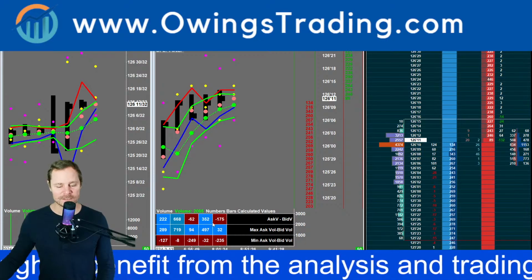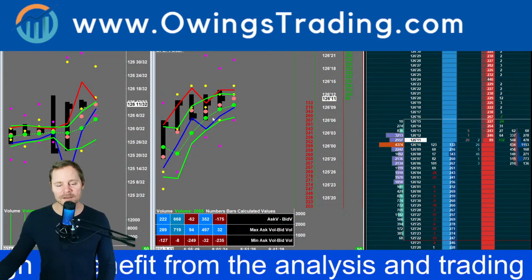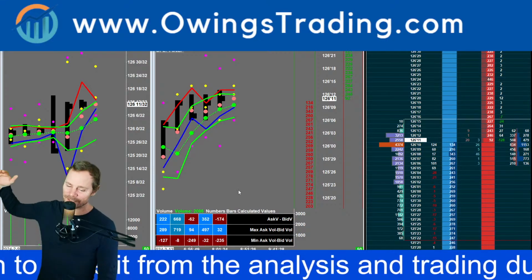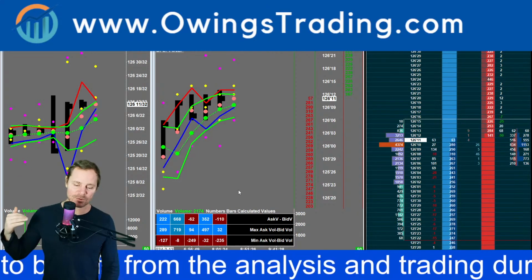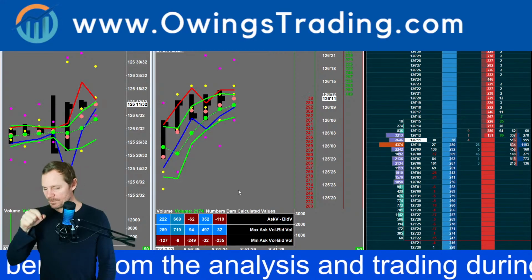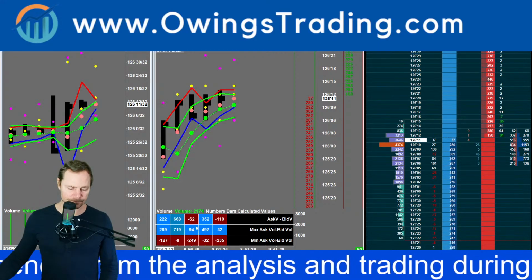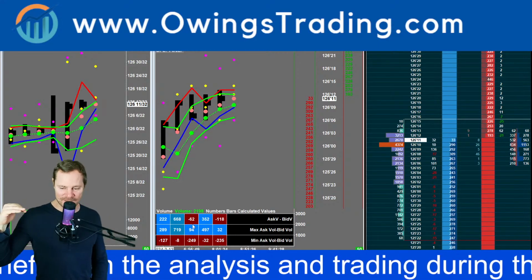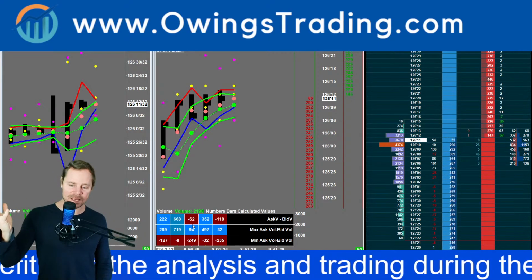Sometimes when you have a really strong OMA support level or pattern, and then the footprint, you can see them pushing down, a big red, really aggressive sellers, a big red number on the delta down here, but then it'll shift back up at the end of the bar, meaning some heavy aggressive buying stepped in.